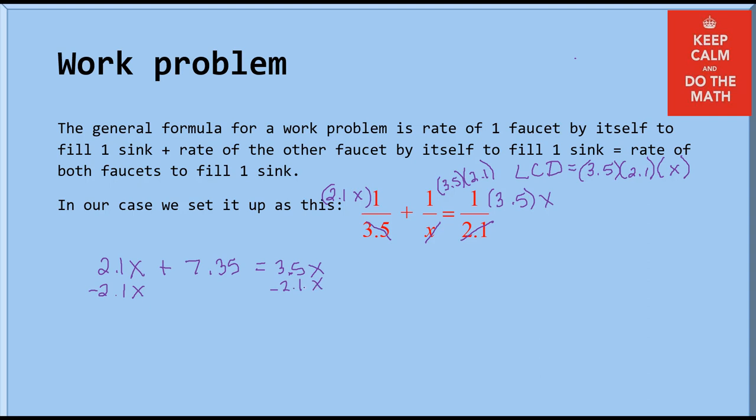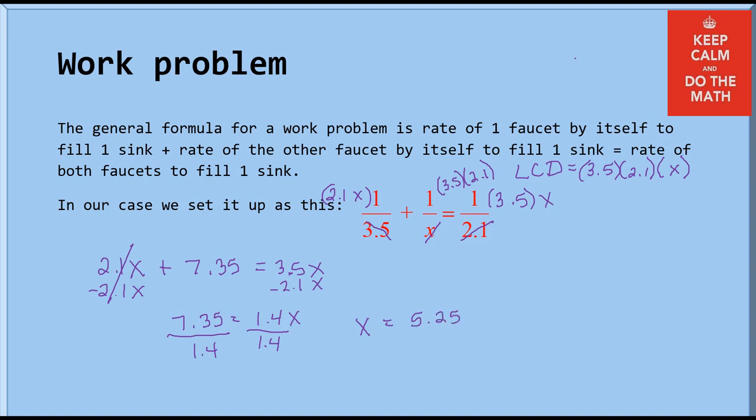By putting the 2.1x over to the right, those cancel. I have 7.35 equals 1.4x. Of course, we need to divide by 1.4 on both sides to get x by itself. And we get that x comes out to be 5.25.